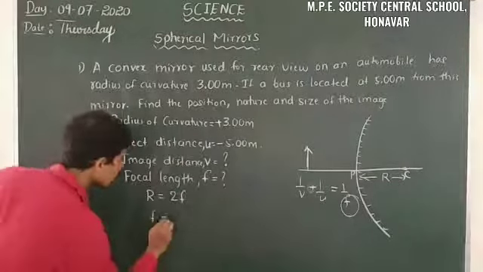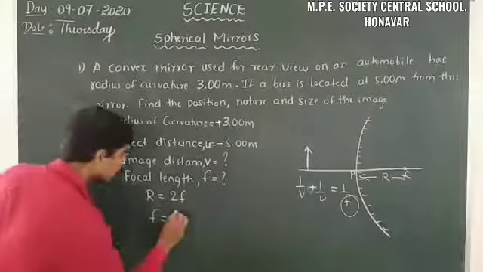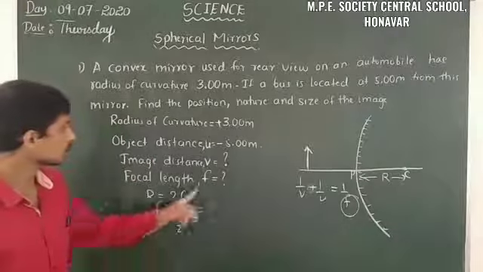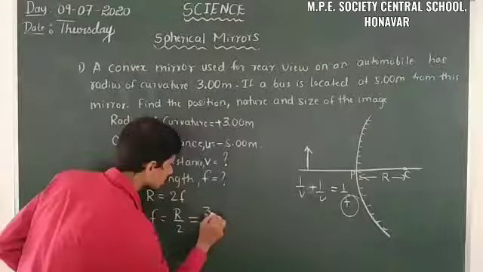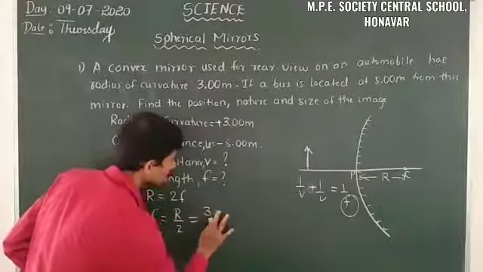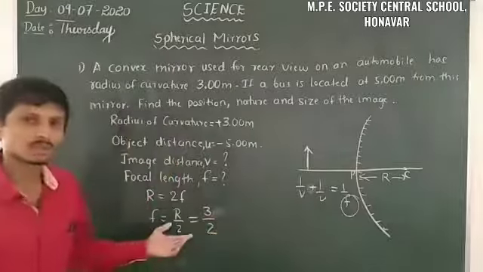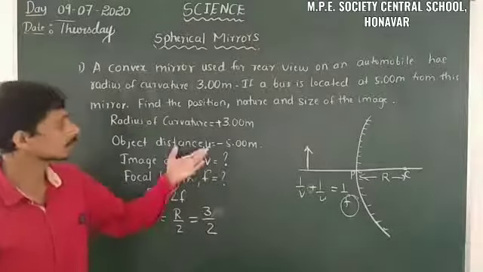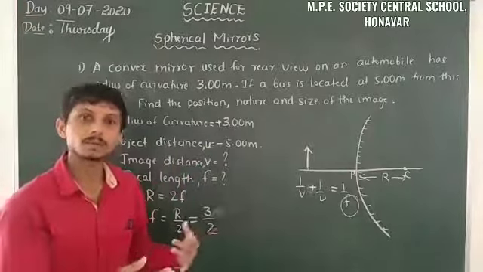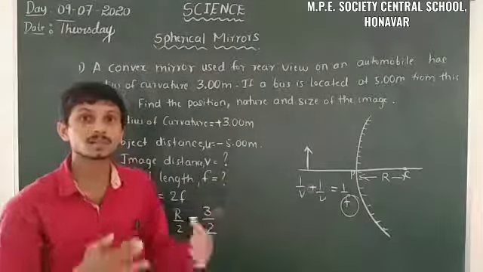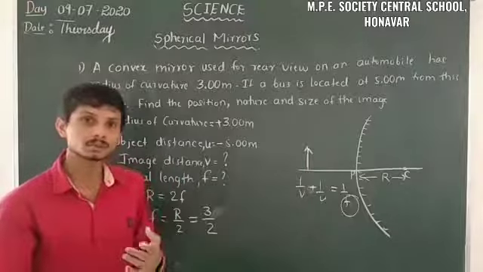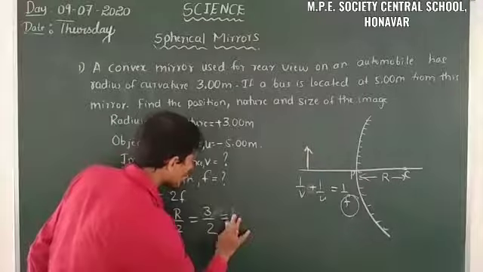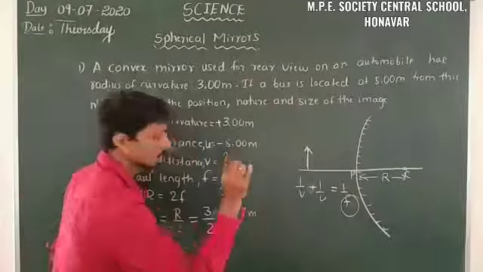So F is equal to R by 2, transposing the 2 to the LHS. R here is 3 meter, so 3.00 meter divided by 2, which can be written as 1.5 meter. I will keep it as a fraction, because when there are rational numbers we have to take the LCM and add them.